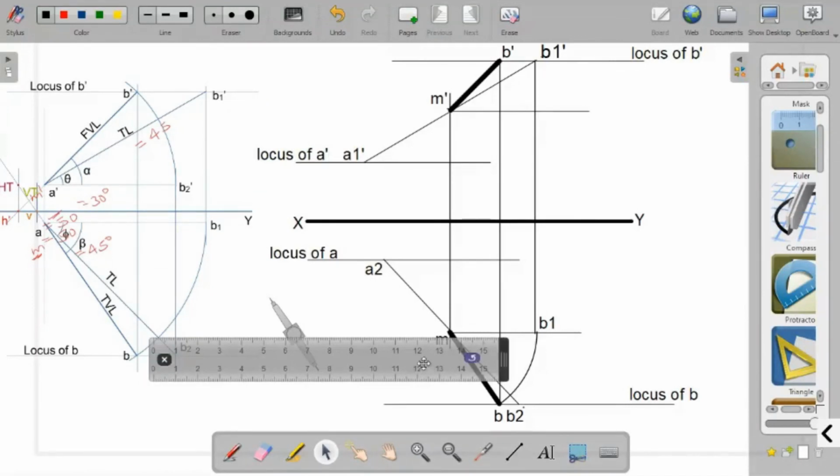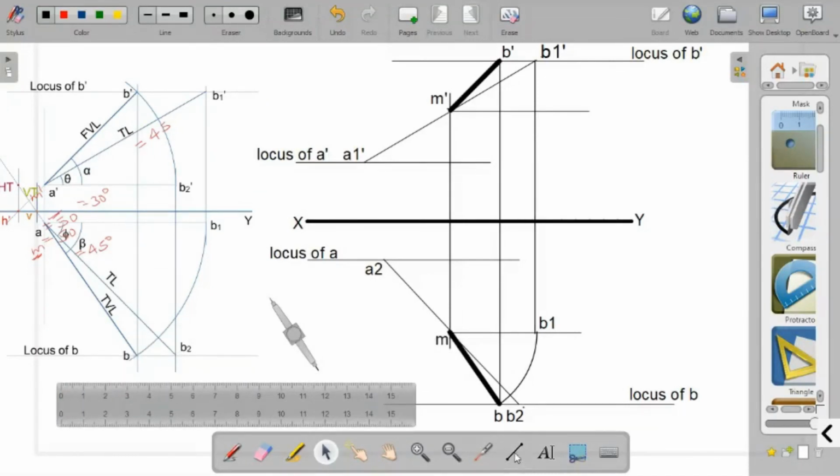Now extend the line MB in the opposite direction. The same line can be extended in the opposite direction so that it intersects with the locus of A. So now this is the point A. Likewise, extend this line M dash B dash in the opposite direction so that it intersects with the locus of A dash.